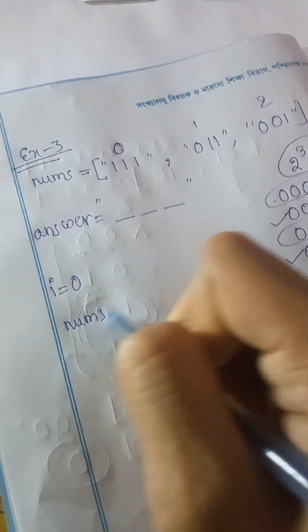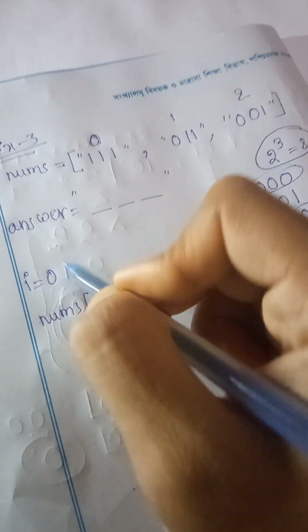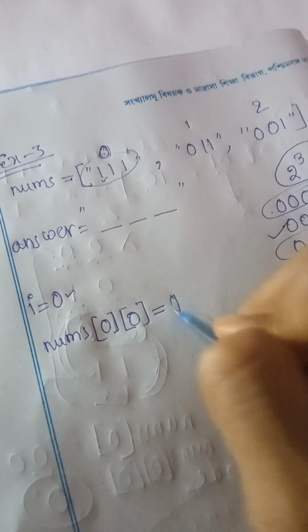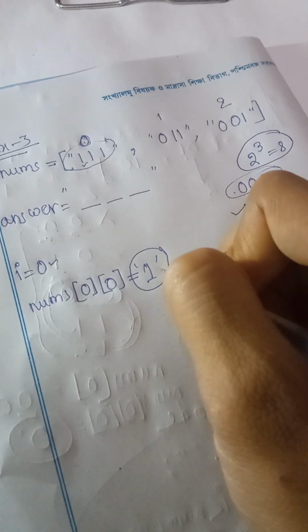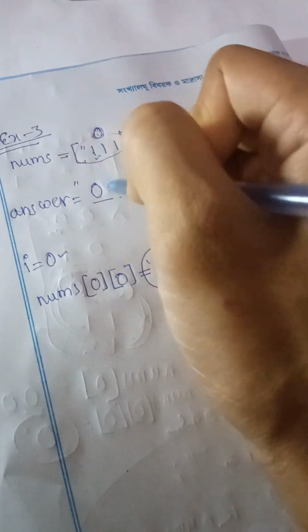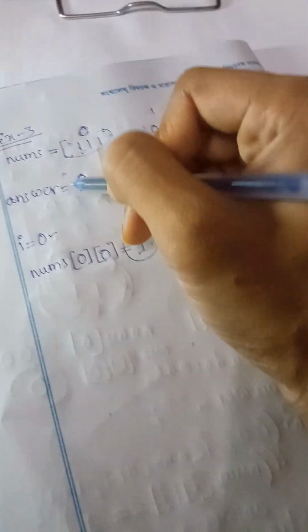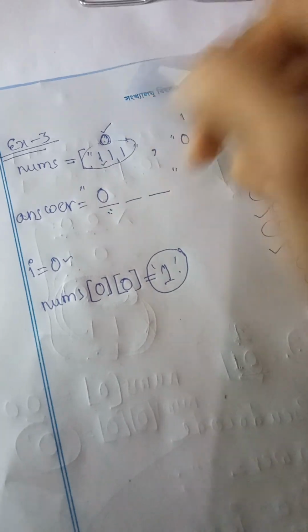My nums of I comma I, that is nums of 0 0, nums of 0 means this string, and again 0 means this character, that is 1. It is equal to 1, so I will store in the result 0 in the first position. By this I am ensuring that my answer is not equal to the first string. That's why I am doing this.